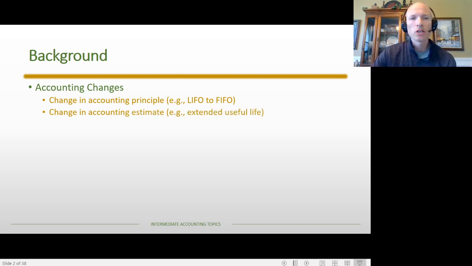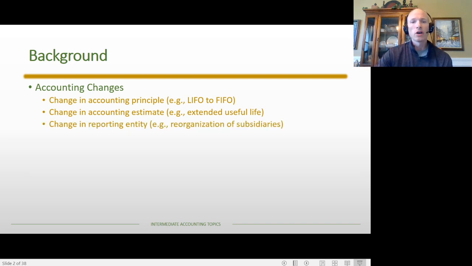Another type of change is a change in accounting estimate. So if you're depreciating an asset, something like extending the useful life or changing from double declining balance to straight line or something like that, those are changes in accounting estimates. So those are different than changes in accounting principles. Another change is a change in reporting entity.